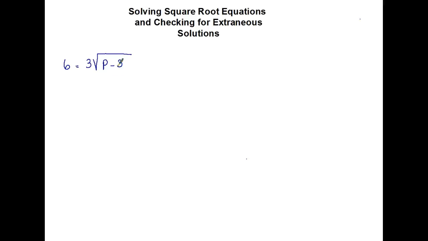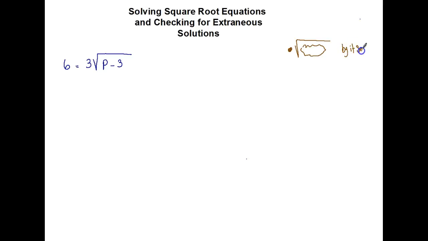Before we get started, I want to point out a few rules. First, we need to work it out where the square root, with whatever is under that root, is standing alone by itself.